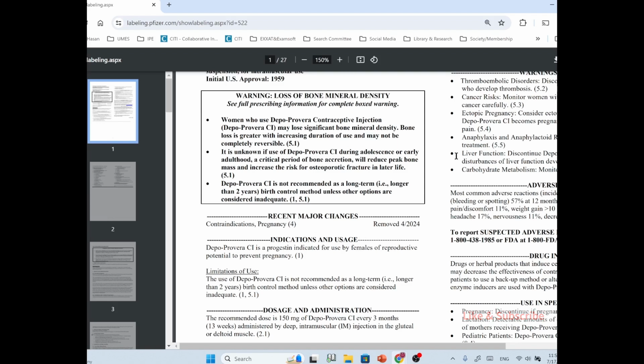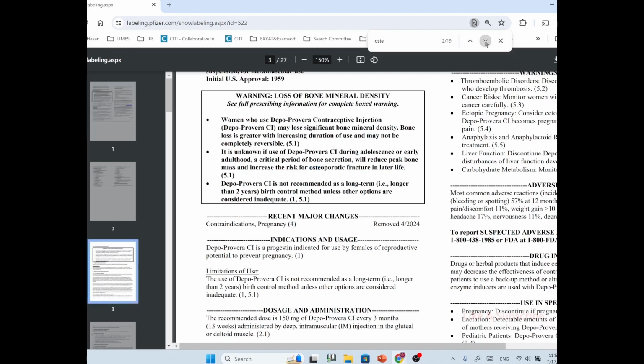Okay, so we look at the risk of osteoporosis. We can type here Control F, osteoporosis. You can see it here. It's unknown if use of Depo-Provera and other such agents during the early critical period will reduce the peak bone mass and increase risk of osteoporosis or osteoporotic fracture in later life.